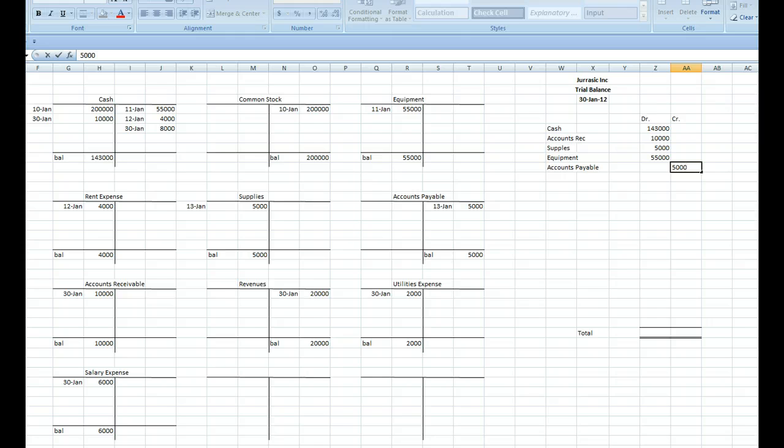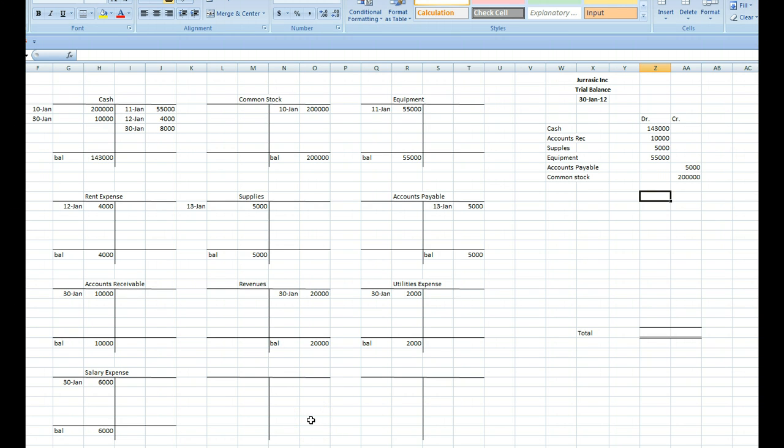That was the only liability we had, so now we can move on to the owner's equity accounts. With the owner's equity accounts, the first thing that always appears on a balance sheet is common stock. So for common stock, it's a credit balance of 200,000, so we would go to the credit column, 200,000 on the credit side.